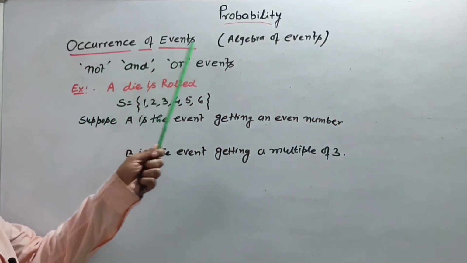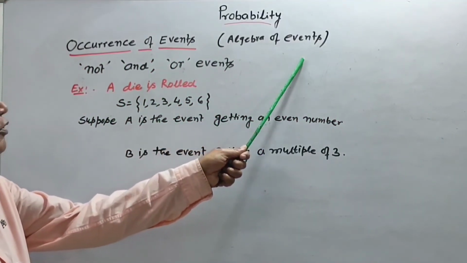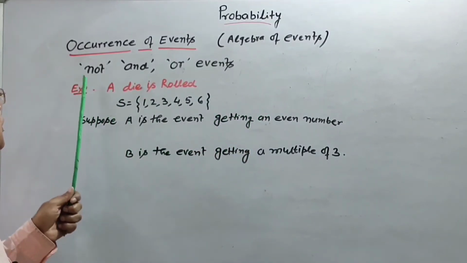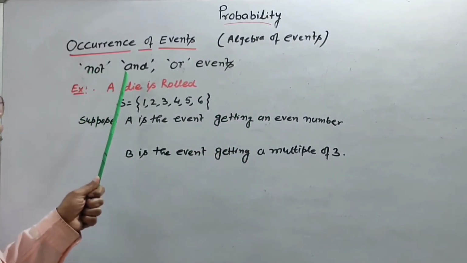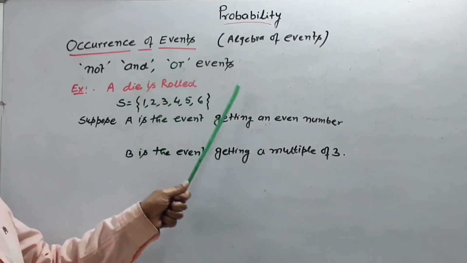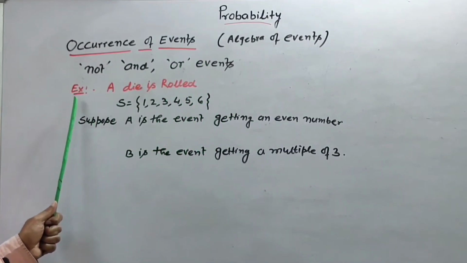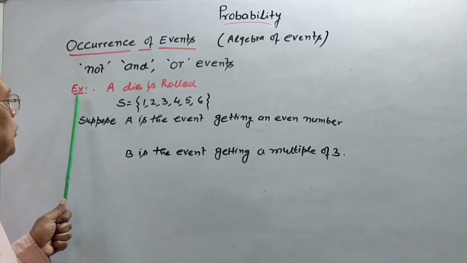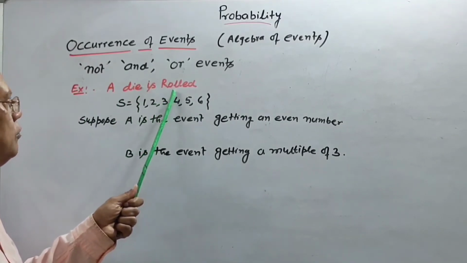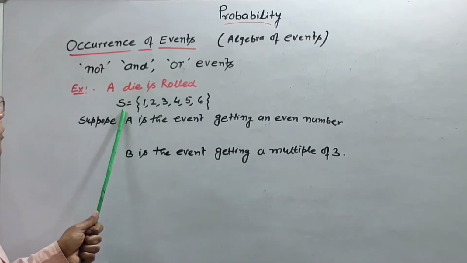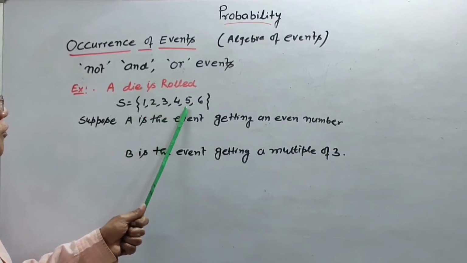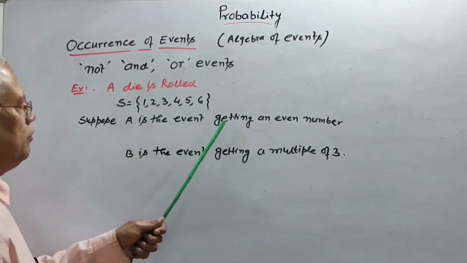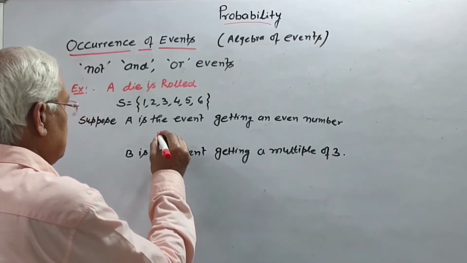Next is occurrence of events, or you can say algebra of events. What is the meaning of not, and, or events? So let us take an example. A die is rolled. Then sample space will be 1, 2, 3, 4, 5, 6. Suppose A is the event getting an even number.